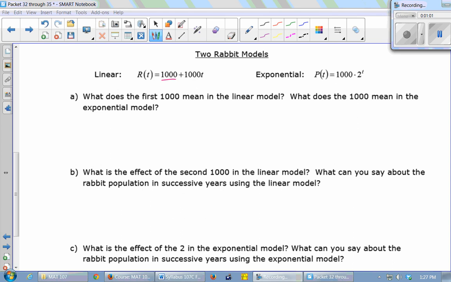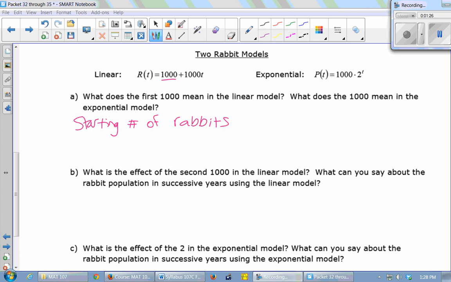That's the starting number of rabbits. And if we were talking a little bit less in context of this rabbit model, what does the 1,000 in 1,000 plus 1,000t, the linear model, represent? Yep, that's what the 1,000 on the t represents.